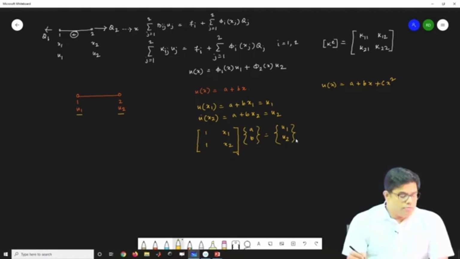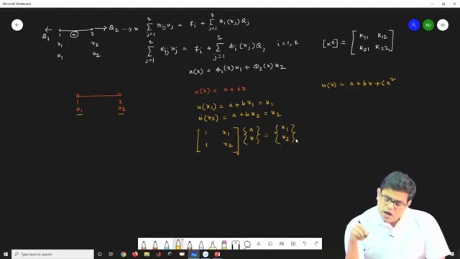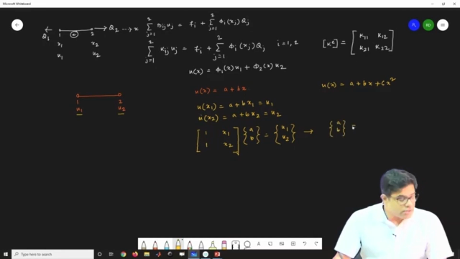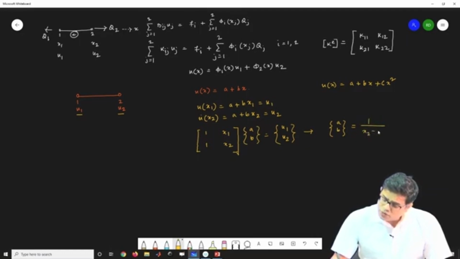To do that, obviously I have to invert this matrix. This is a 2 cross 2 matrix, so a and b can be found by inverting it. The inversion is very simple: x2 minus x1 is the determinant, and then we just change the positions and signs.